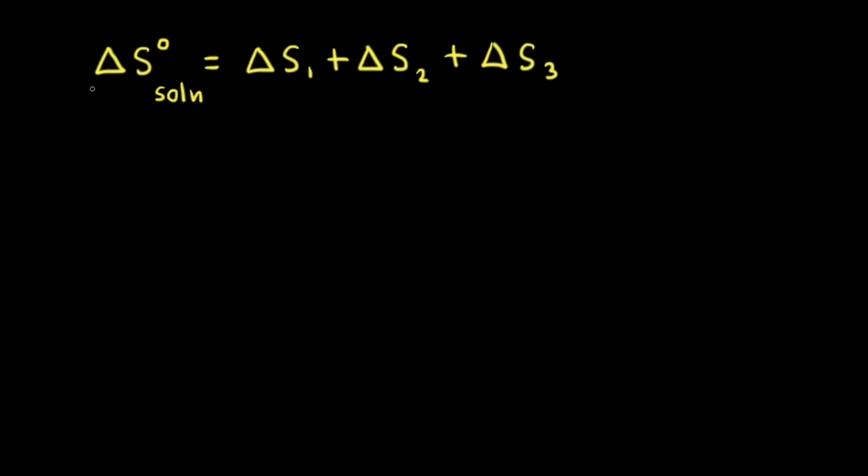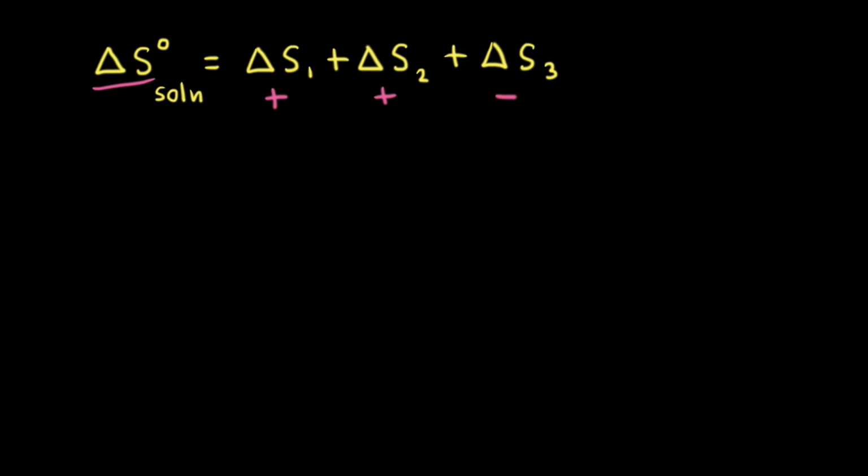Next, let's think about delta S naught of solution. Delta S naught of solution is equal to delta S1 plus delta S2 plus delta S3. Delta S1, the change in entropy for the first step, we saw was positive. Delta S2 was also positive, but delta S3 was negative.